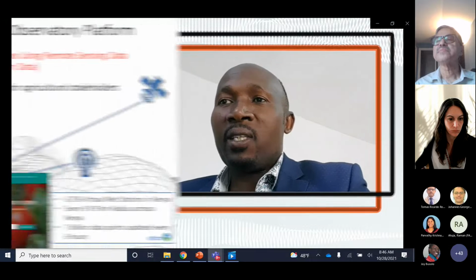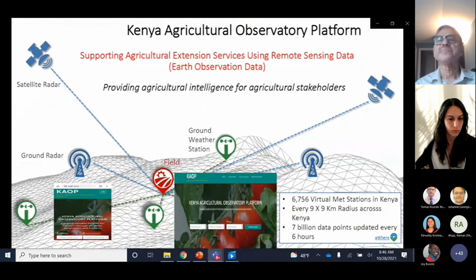The second thing we've done at the national level is investments on the big data platform, which provides integrated agro-weather and market information services, building on investments which have been made around 3 areas. One is the Kenya Agriculture Observatory, which provides agro-weather advisory services.